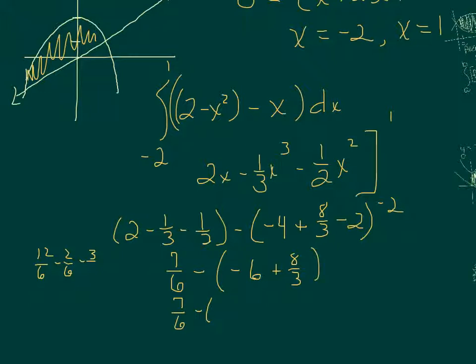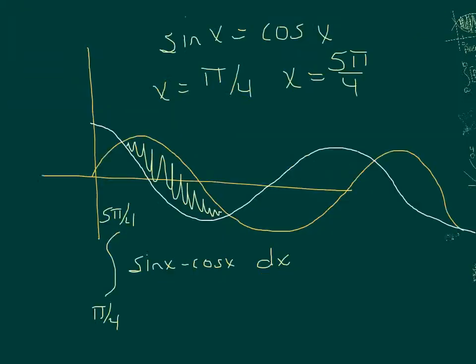Okay, so this is negative 10/3. That may be my problem. It is 7/6 plus 26/3, which is 27/6, which is 9/2.